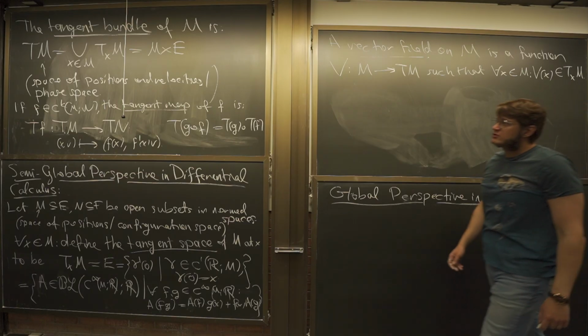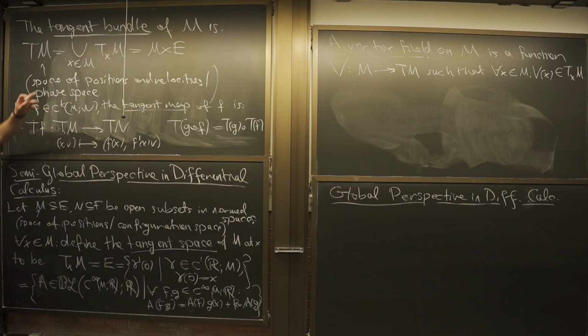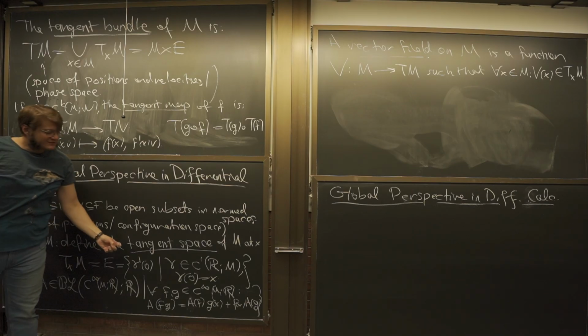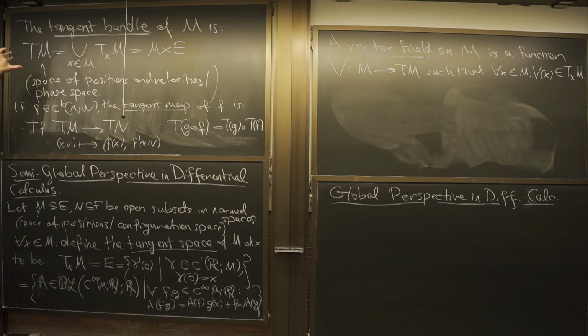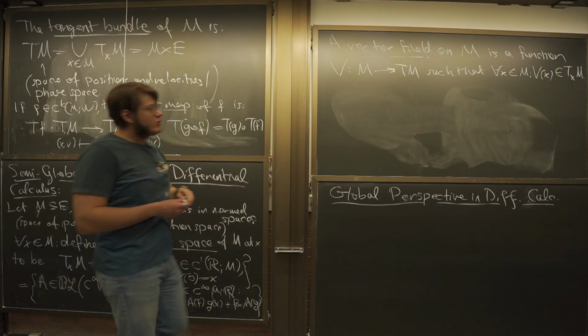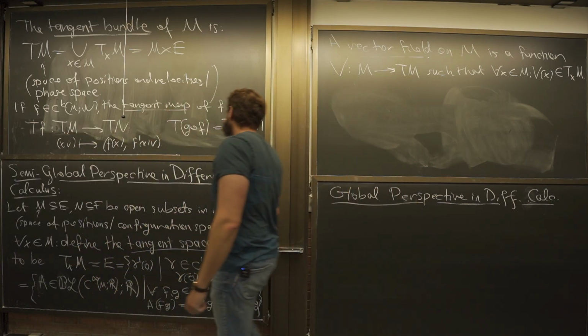As opposed to looking at velocities to get the phase space, you define what is called the cotangent space. Then it gives you the space of positions together with momenta. And instead of looking at TxM, I'm going to look at the space of linear functions from this to reals.